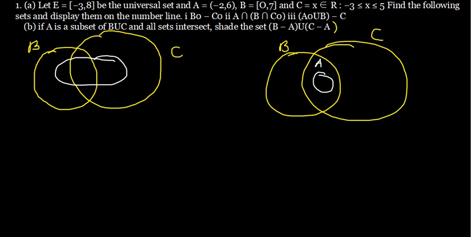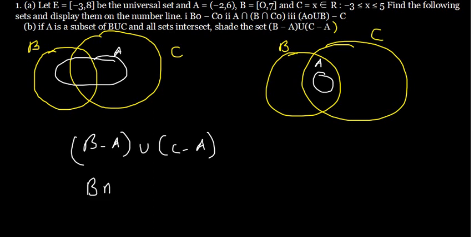Now for that sake, I'm going to use these two which I've put here to be able to shade. So this is A, which is a subset of B union C. I want to shade B minus A union C minus A. So B minus A union C minus A, we can also write this as B intersect A complement, and then union C intersect A complement.